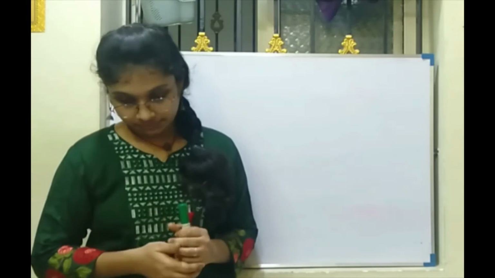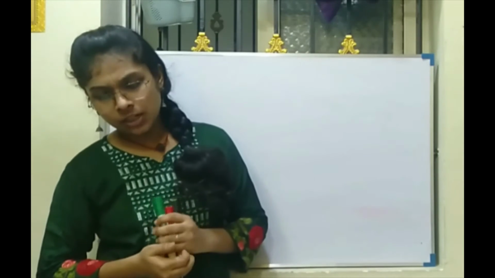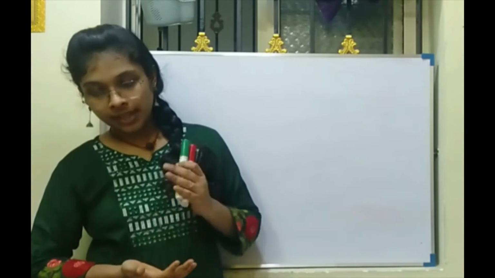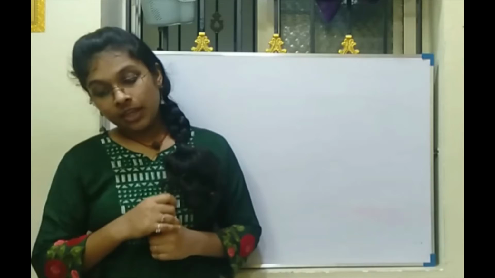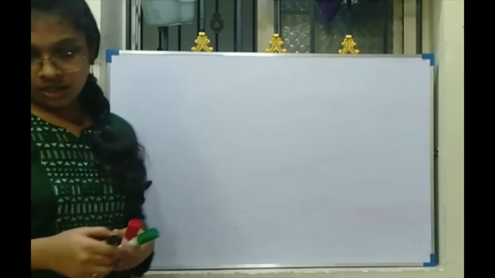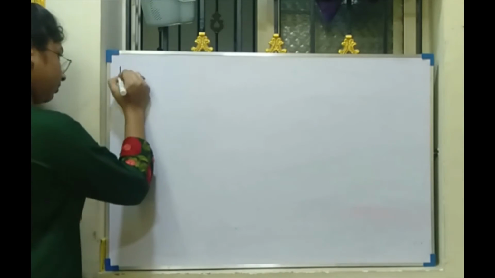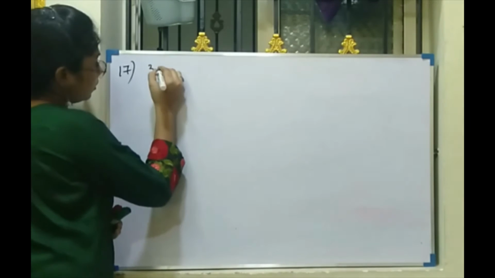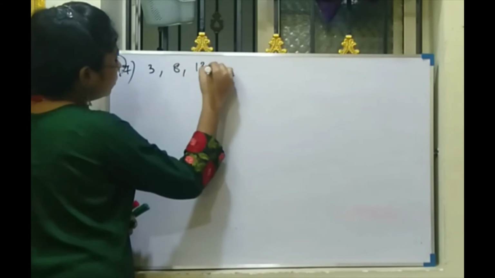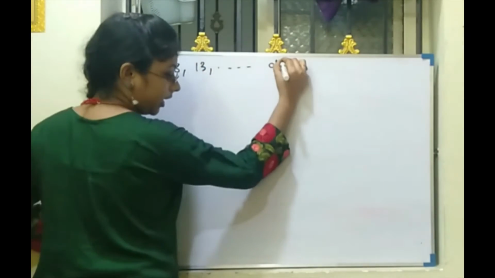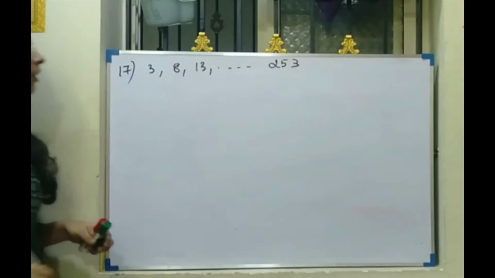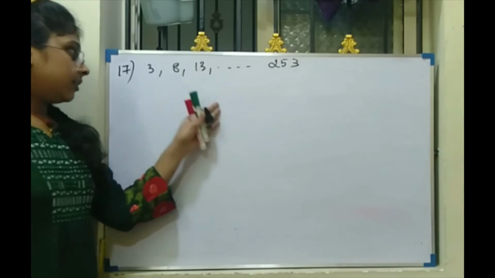Question number 17. Find the 20th term from the last term of the AP. The AP is 3, 8, 13 and it goes on and it is 253.